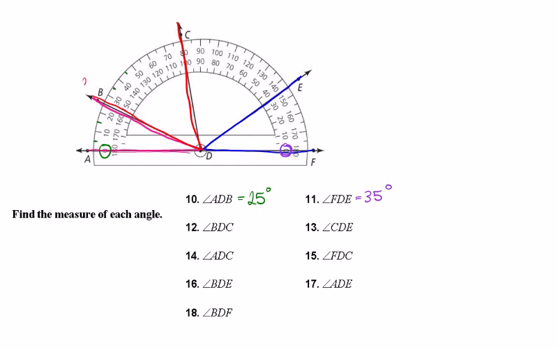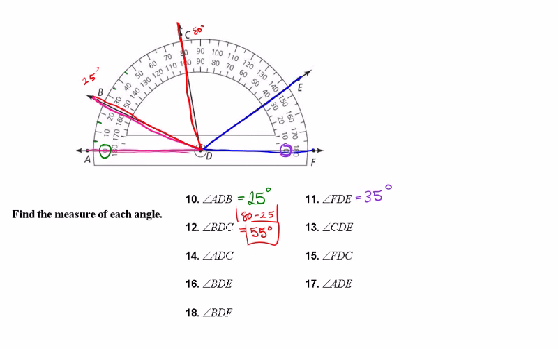This location here is at 25. And then C is at 80, right, on the outer. So I'm just going to do 80 minus 25 and get the absolute value of that, right? And so that equals, all right, so 55 degrees.